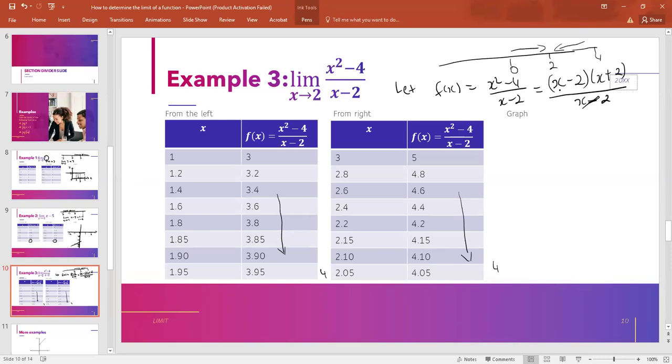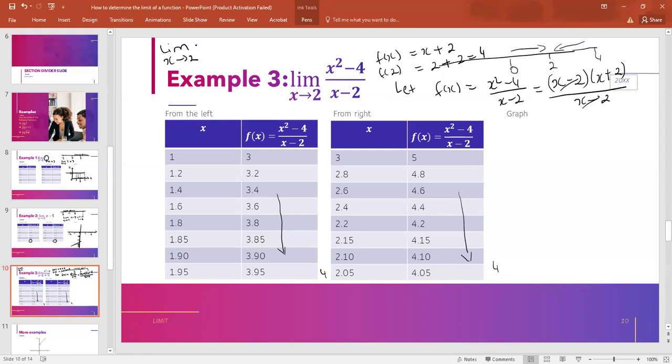So this cancels. Our f of x will now be equal to x plus 2. And the value of the function at the point 2 is equal to 2 plus 2, and the value is what? 4. So because the tendency of the function, remember the limit is the value that we need to have from the left and from the right of that point, precisely of the point 2.